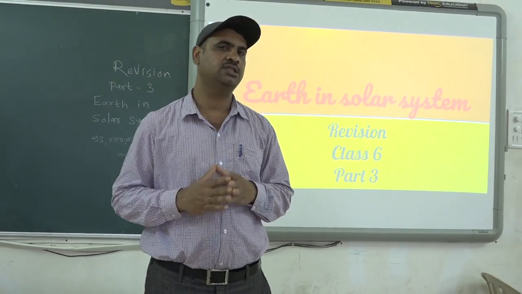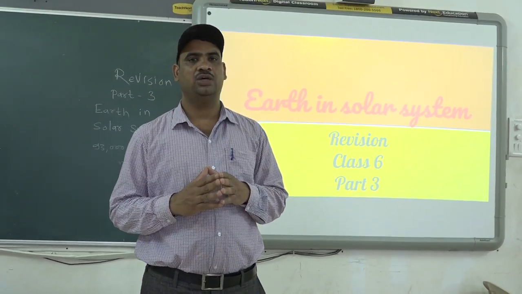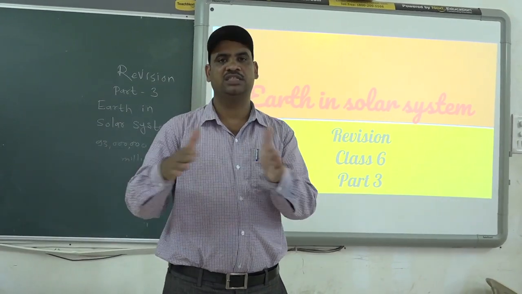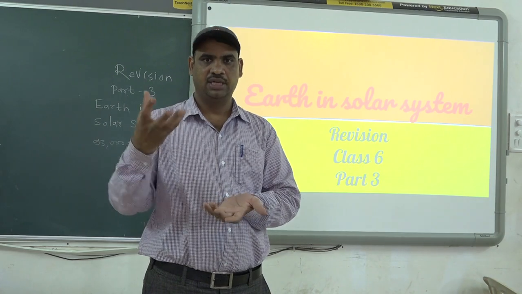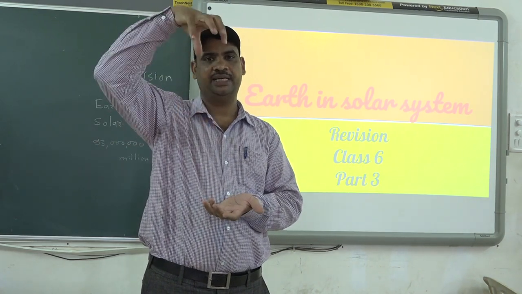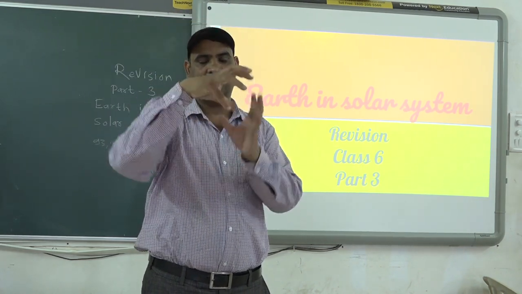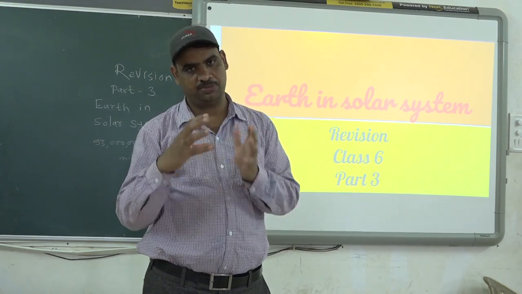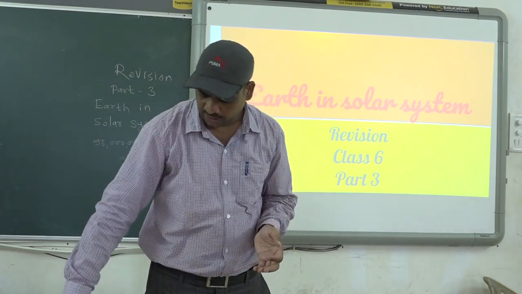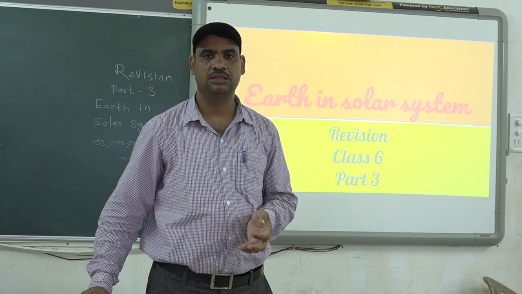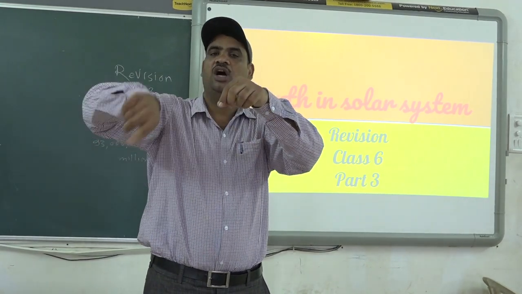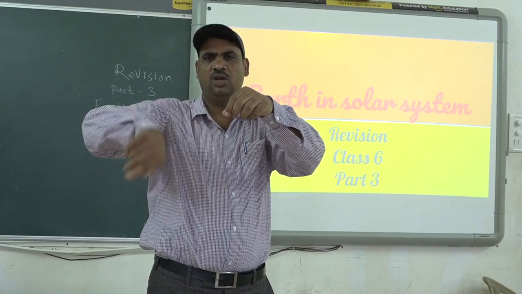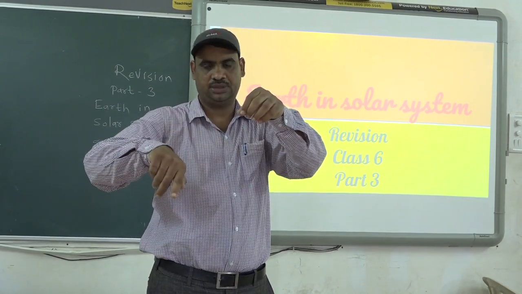What you have to do is keep the white paper on a flat surface. Keep the torch upside down. The part of the torch which has the glass, mark that area of glass with a pencil or pen.